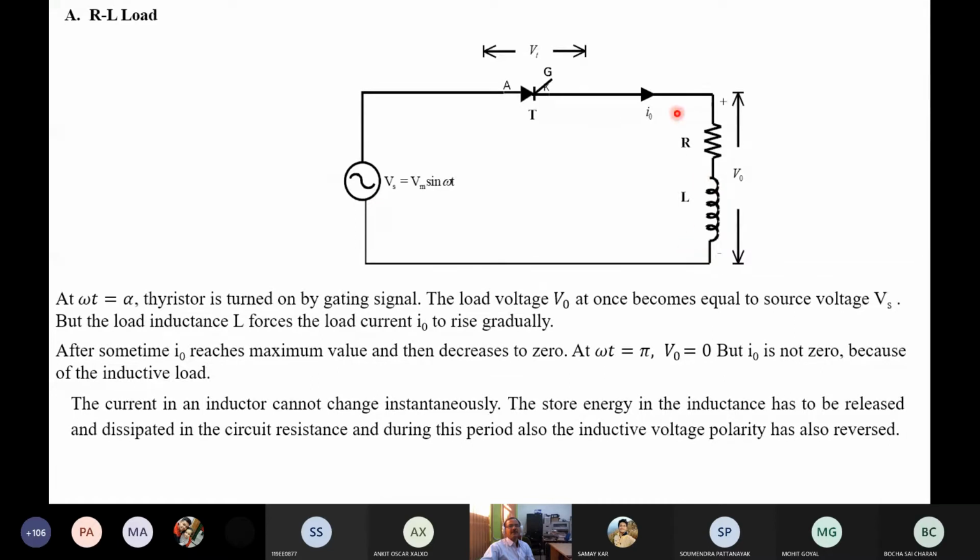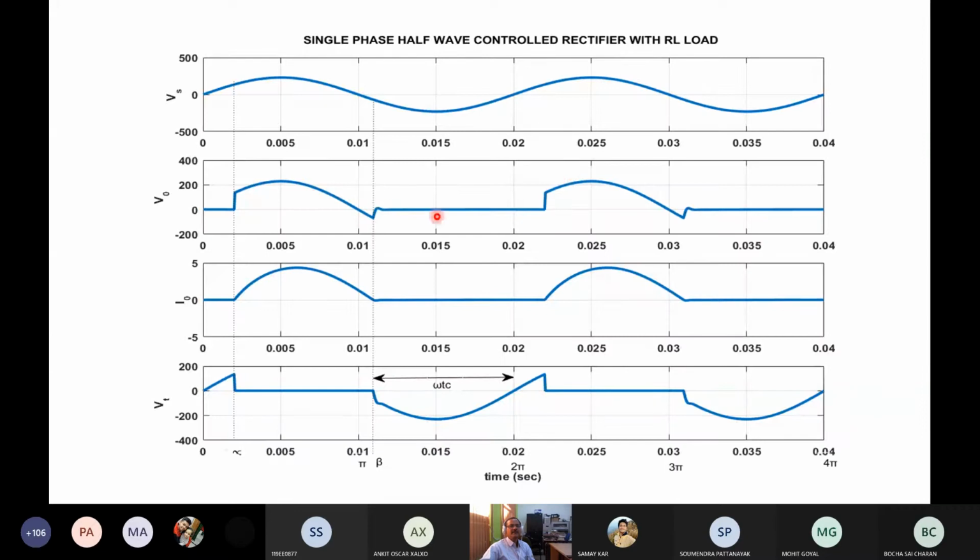But when the negative half cycle starts, the current is still flowing in this direction because the energy stored in the inductor has to be released. Now the current falls because all the energy stored in the inductor is dissipated in the circuit resistance. As the current falls, the polarity of voltage is negative, positive. So this voltage drives the thyristor for some time till the current falls to 0. And during that period, negative voltage will appear. Okay.